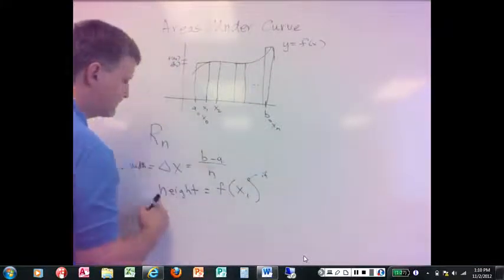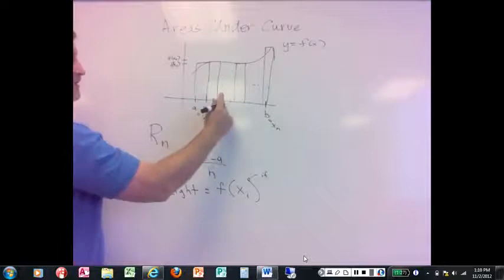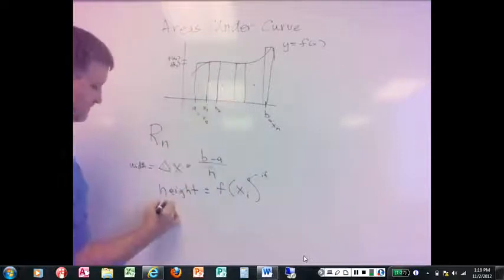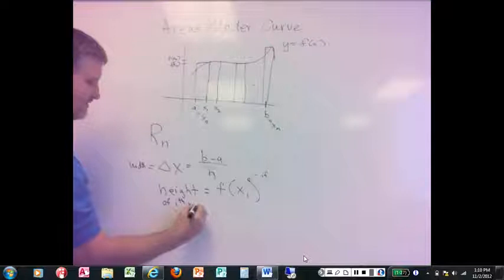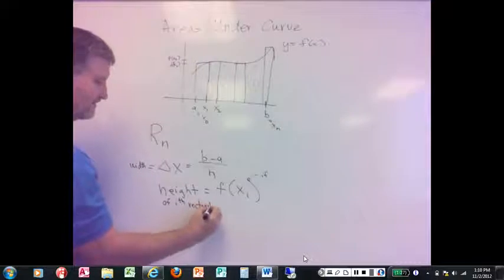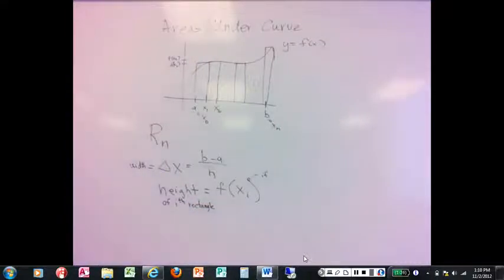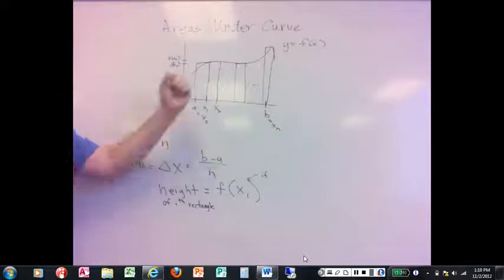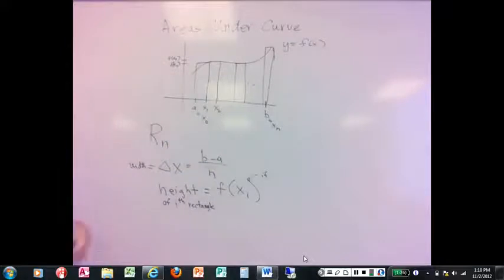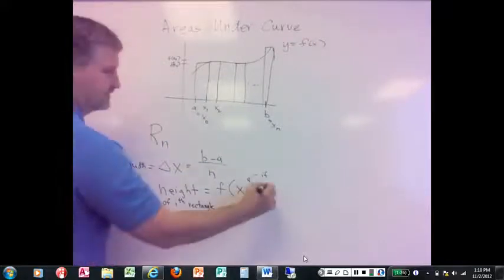So this is the height of the ith rectangle. Just the generic ith one. It's f of x sub i, because the first one's f of x sub 1, second one's f of x sub 2. Now, that's using right endpoints.